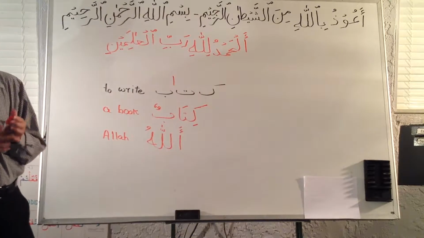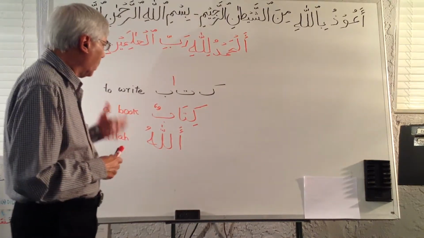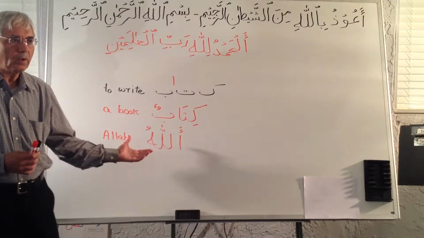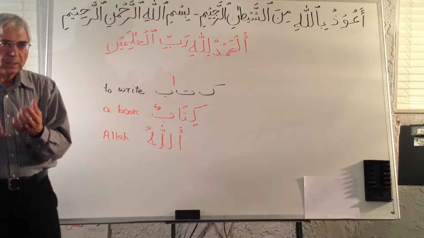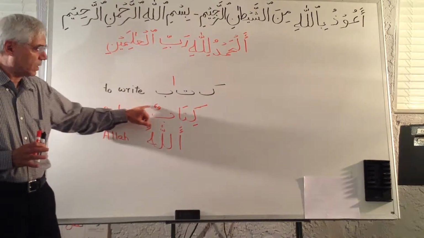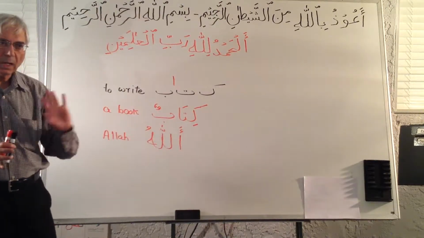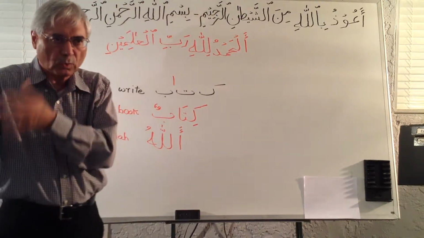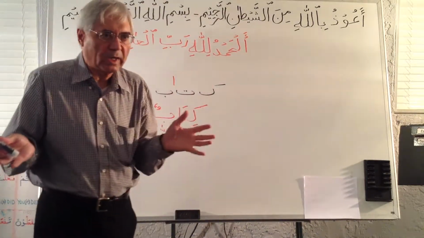So we now have two nouns. One is kitabun, an object. One is the name of Allah subhanahu wa ta'ala. So the correct pronunciation is kitabun and Allahu. These are two separate words.